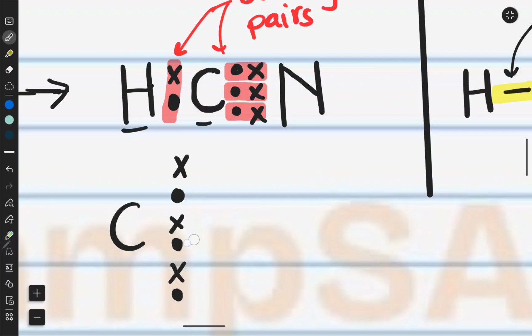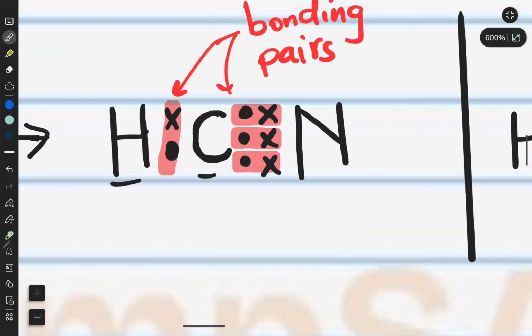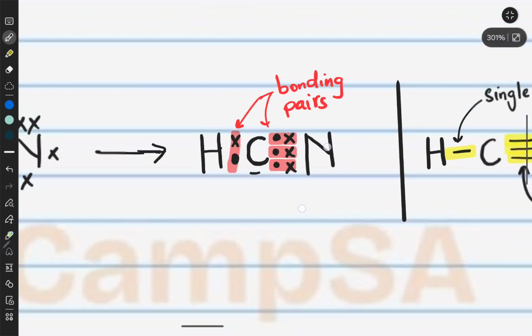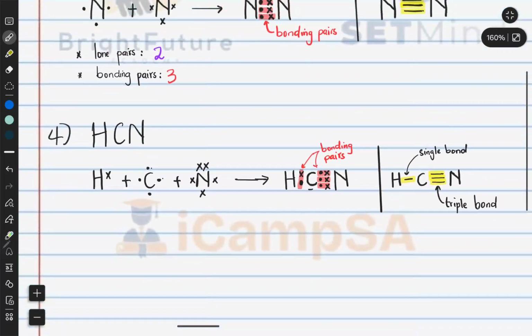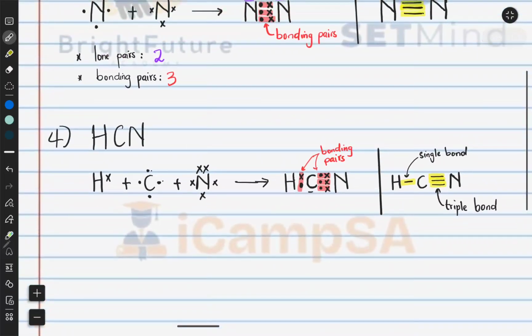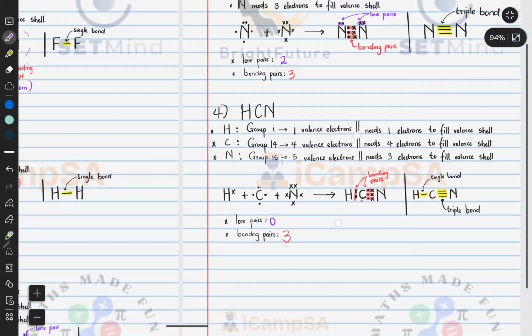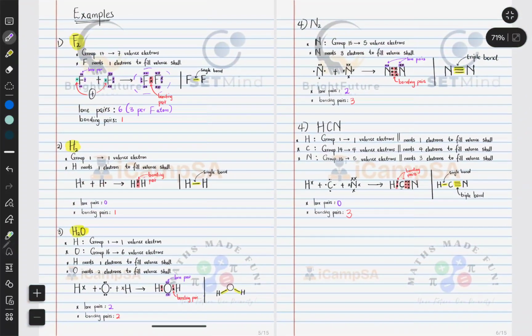So that's why we change the arrangement such that they take less space, and we get 3 bonding pairs. We don't do that long chain I showed you first because it's tedious, it looks weird, and it fills up a lot of space. All right, so that is it for these examples.